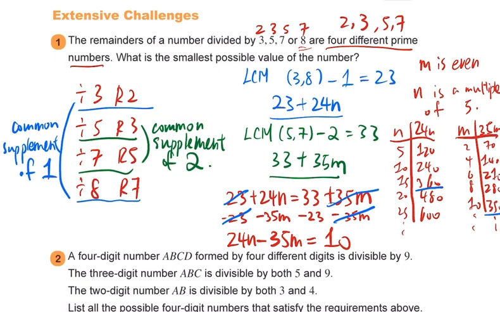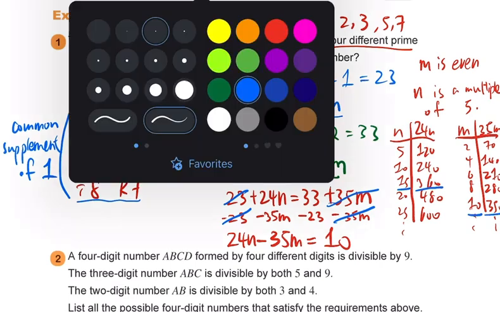When 24n is 360, which means n is 15, and 35m is 350, which means m is 10, we get the solution.